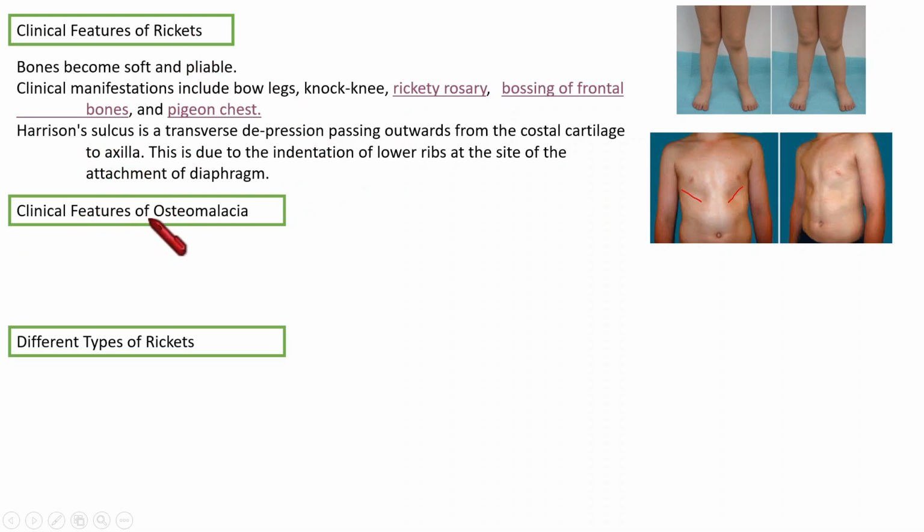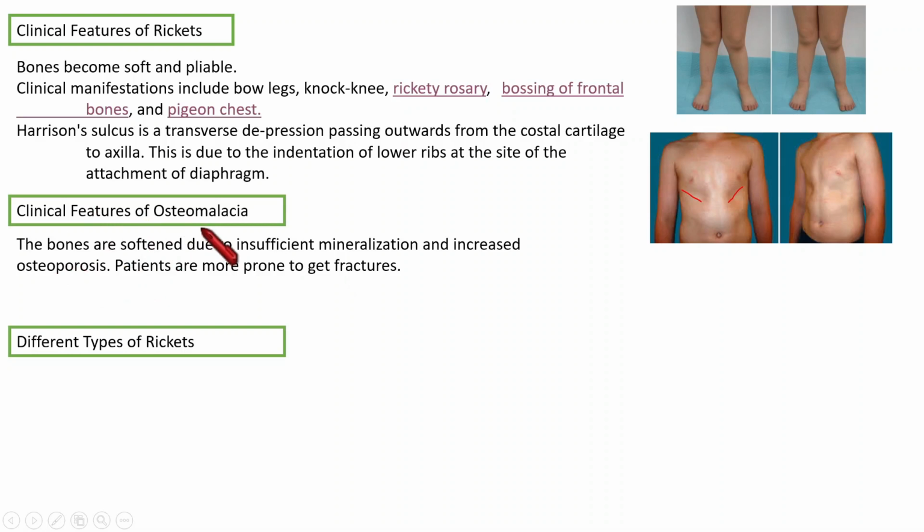Then the clinical features of osteomalacia. Osteomalacia is a condition occurring in adults because of vitamin D deficiency. Here also the bones soften due to insufficient mineralization. How it happens, I already told you. As vitamin D is reduced, it affects calcium absorption, and this in turn affects the mineralization, the building up of bone.